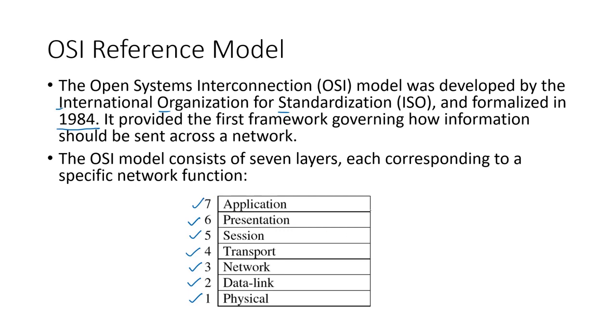We'll segregate this as the top 3 layers and the bottom 4 layers. Why? Because the top 3 layers are actually on the application side. If we take an application layer protocol like HTTP, it will take care of all these things.